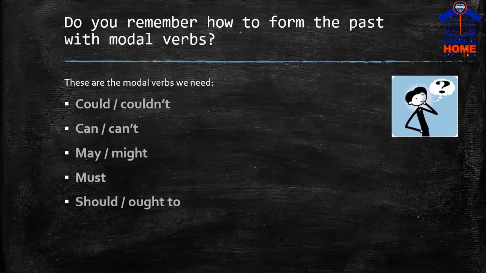So in here, do you remember how to form the past with a modal verb? These are the modal verbs that we are going to use. First, we have could and couldn't, which are in the past. Then we have can or can't, may and might, must, should, and ought to, okay?